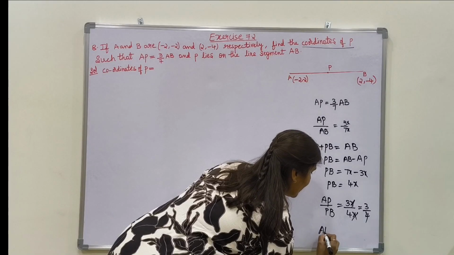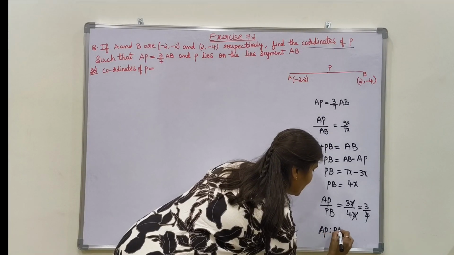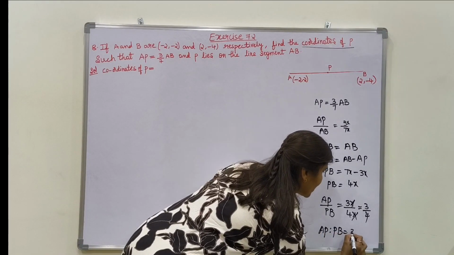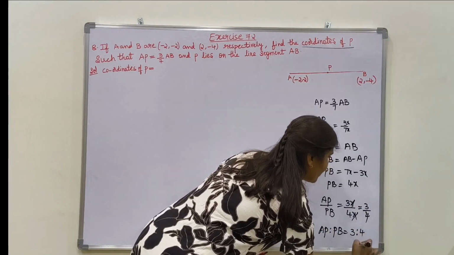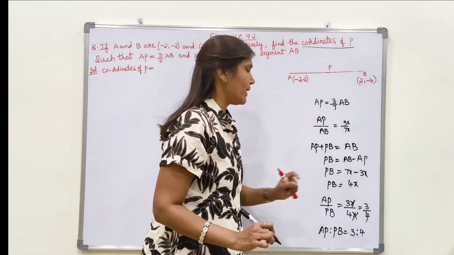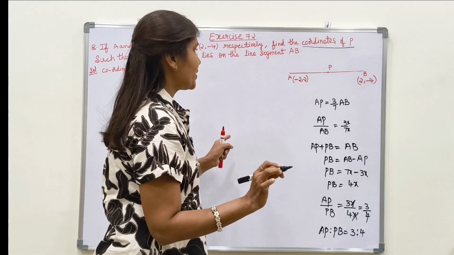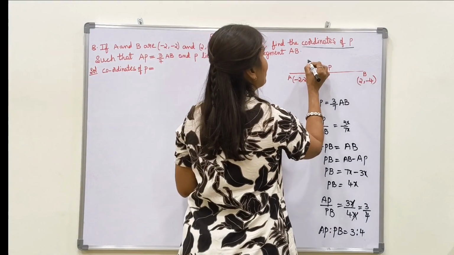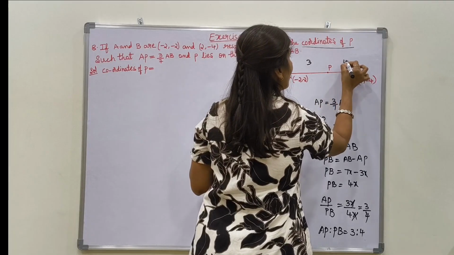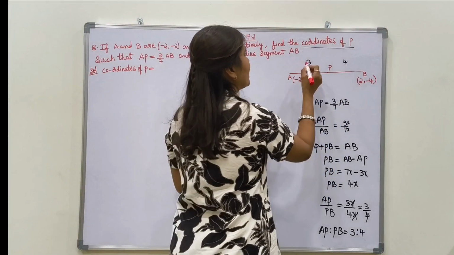So AP is to PB, the ratio is 3:4. So this is 3, this is the 4. Ratio means what?